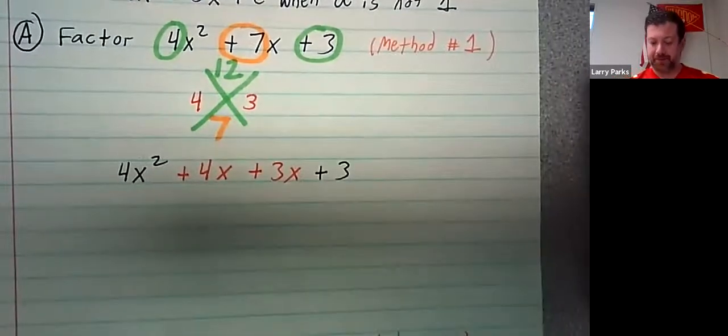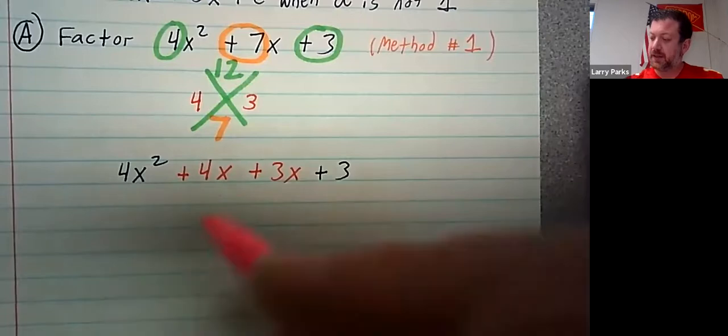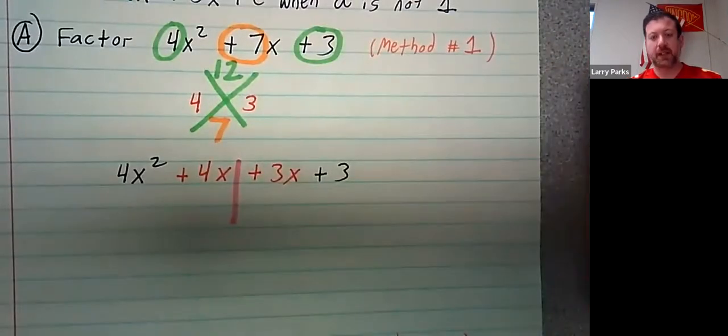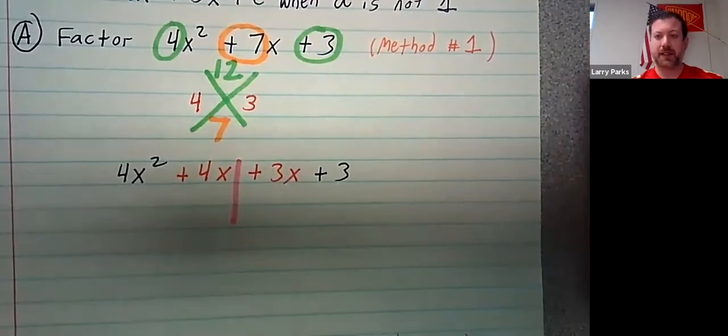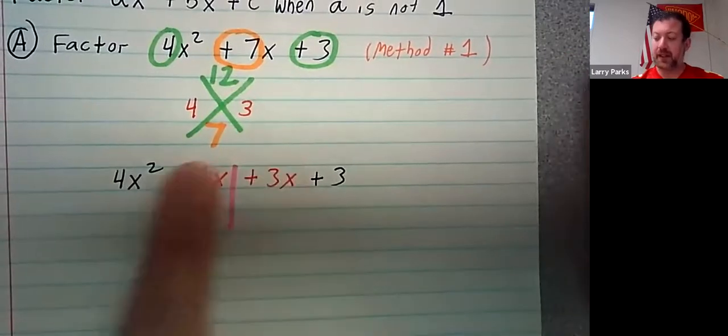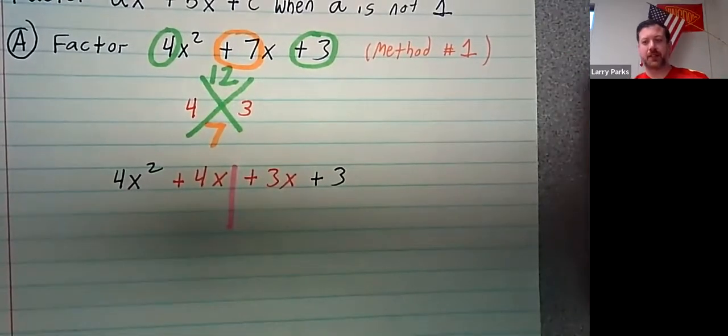From here, we are going to divide this in half. And I'm going to look at 4x squared and 4x. Basically you cover up this part on the right. You only look at 4x squared plus 4x. What is the GCF?